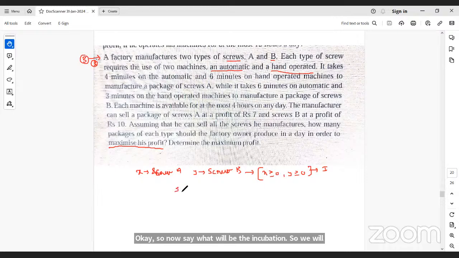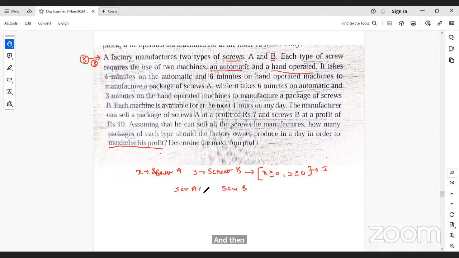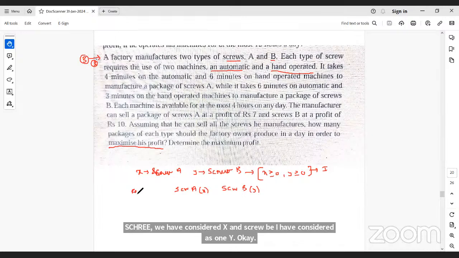So screw A and screw B. Screw A I have considered x and screw B I have considered as y. Now the requirements.